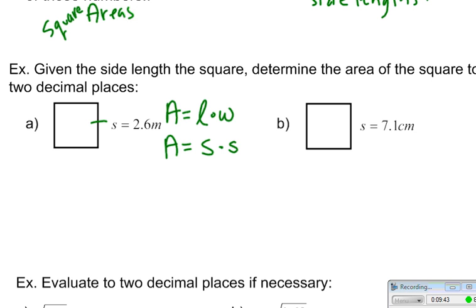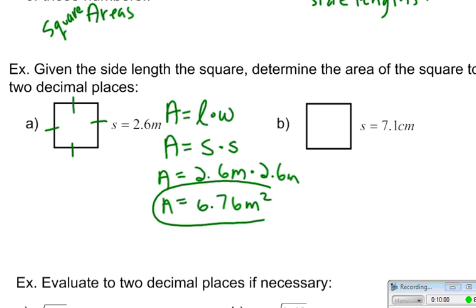That means all the other side lengths are 2.6 because it's a square. So area is 2.6 meters times 2.6 meters. So we get an area of 6.76 meters squared. Please make sure you have the proper units, so squared. That is all the work that I'm looking to see on these types of questions.